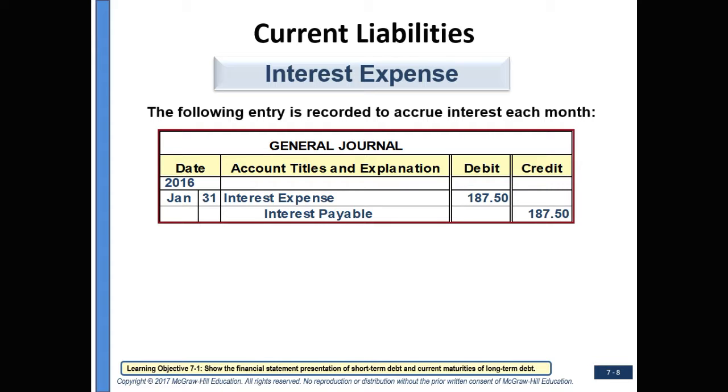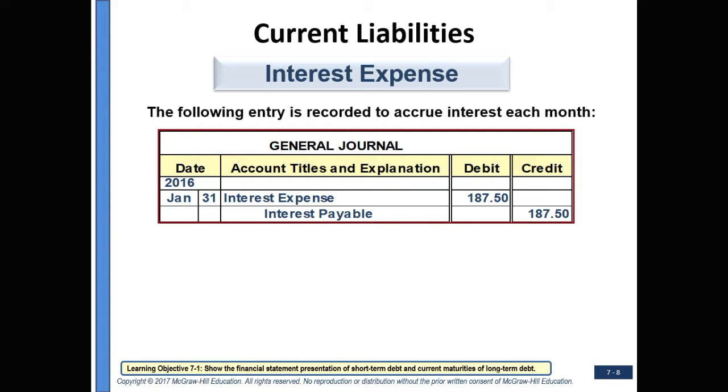But as each month goes by, each month that we are using the funds of the bank and we are accruing interest, meaning there is interest attached to that specific period, then we need to recognize that in the accounting records. We do that with an adjusting journal entry to recognize the interest expense.